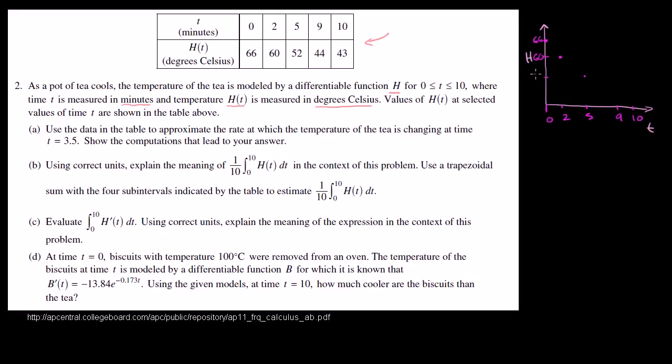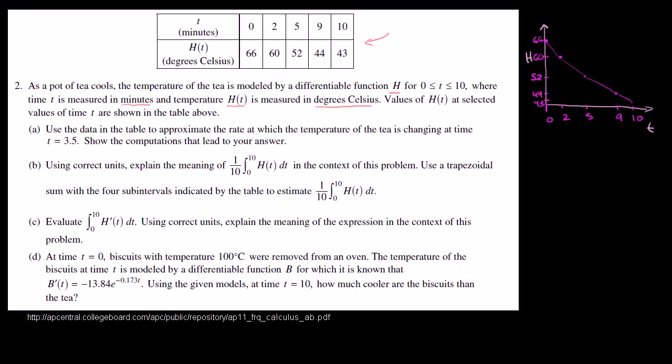After 9 minutes, it's at 44 degrees Celsius. And after 10 minutes, it's at 43 degrees Celsius. So this is really just a graph showing how it cools off over those 10 minutes. It's kind of a curve like this, and we've sampled it at these points.